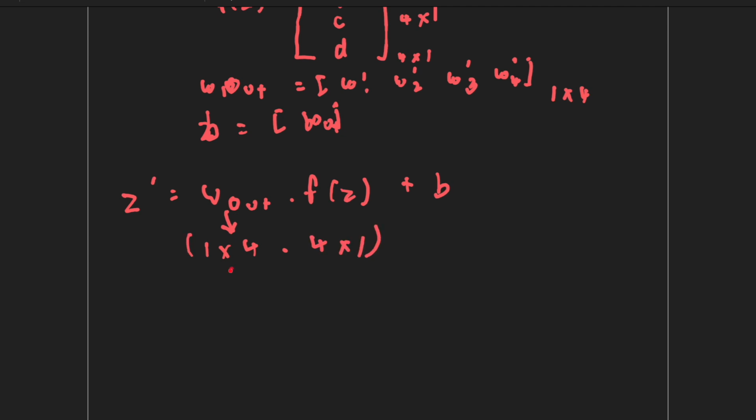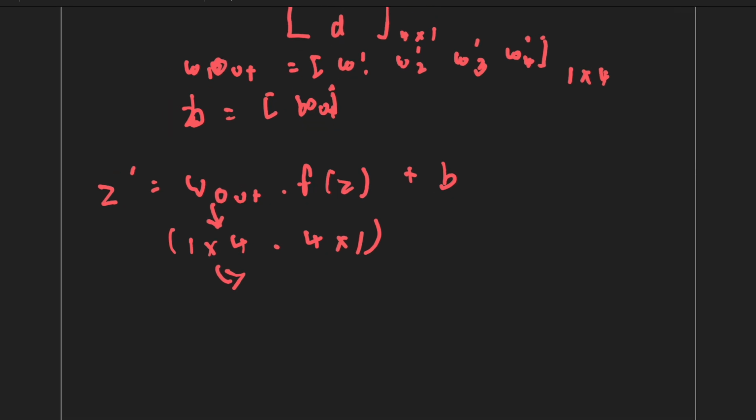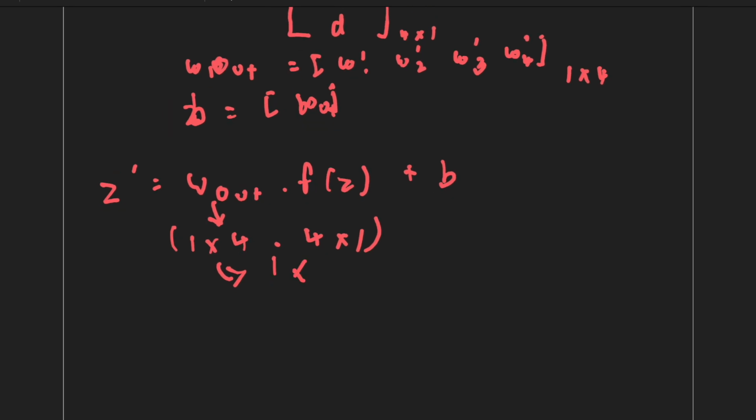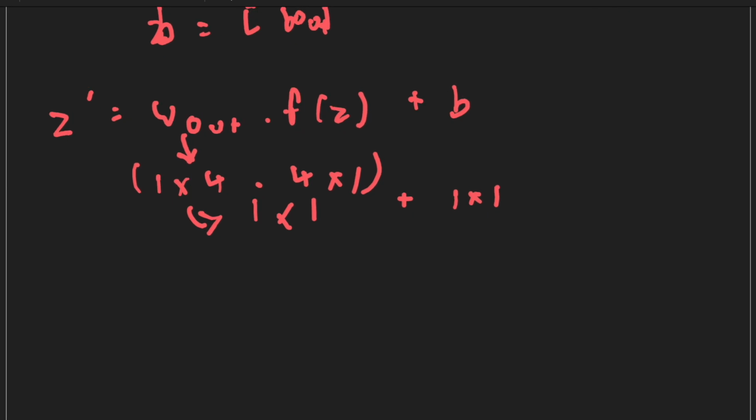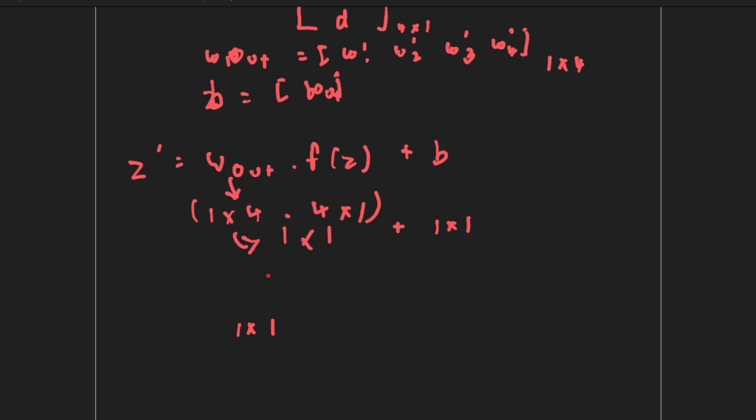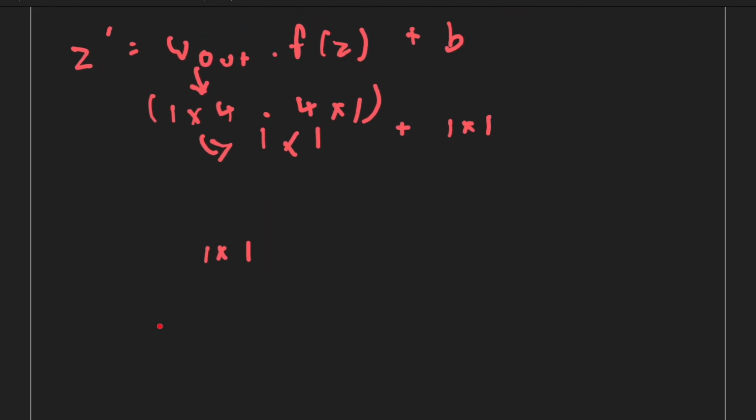So with matrix multiplication, the dimensions we get are 1 cross 1, and then we add a 1 cross 1 matrix, which is a single scalar term. So we get a final output of 1 cross 1, and this will again be passed through another activation function, like f'(z'), and we will get the final output.